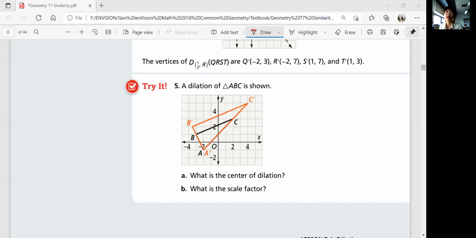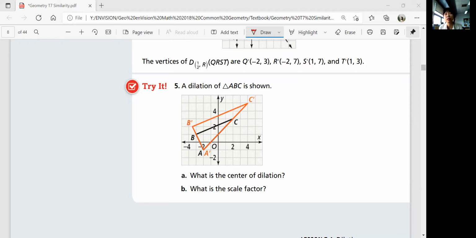All right, so the center of dilation, you can't just say point A. Okay, obviously from ABC, you're going to enlarge your triangle to A'B'C', right? And your point of dilation seems to be A because A doesn't move.